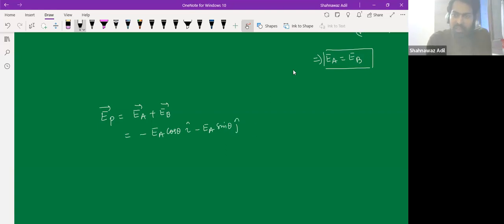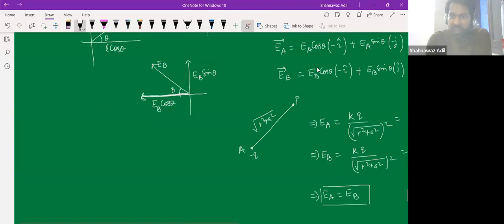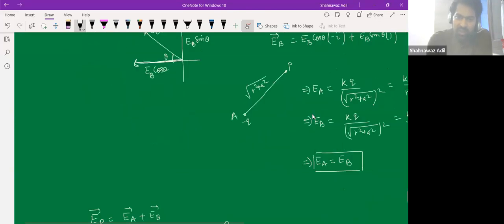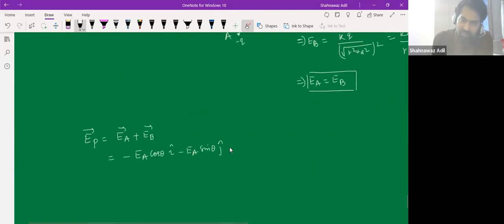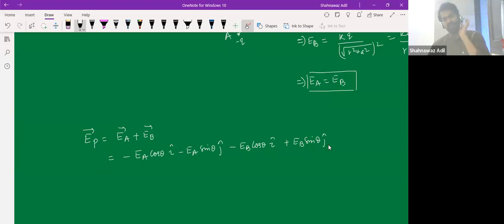Similarly, EB is minus EB cos theta I hat and plus EB sin theta J hat. So which part will cancel out?